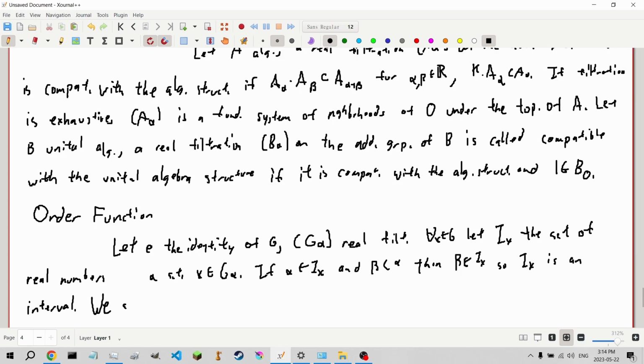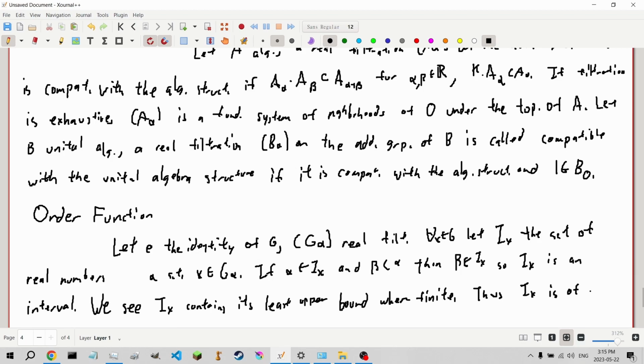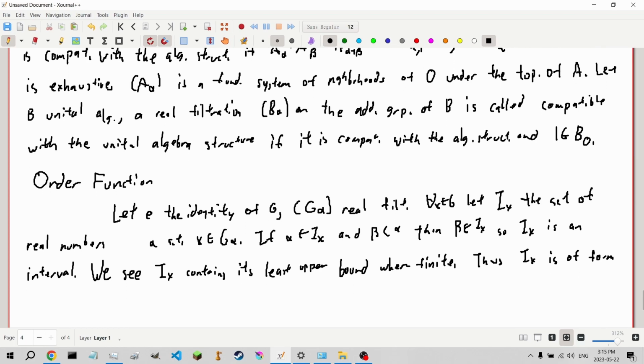We also see that I_x contains its least upper bound when it's finite. Thus, I_x is of the form the open interval from negative infinity to V_x, closed on that side with V_x, intersecting the reals.